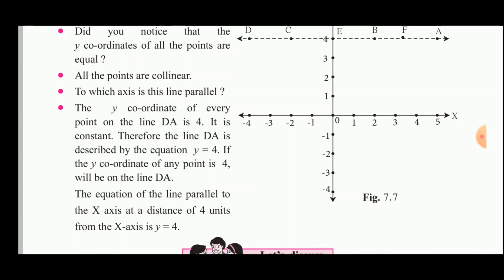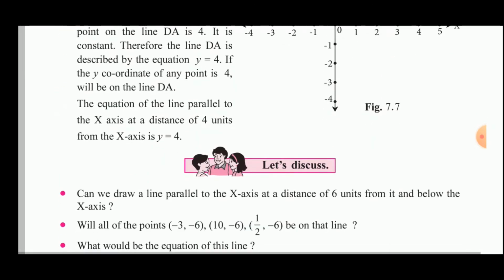Now the equation of the line parallel to the x-axis at a distance of 2 units below the x-axis will pass through the point y is equal to -2 on the y-axis. So the equation of this line will be y is equal to -2.